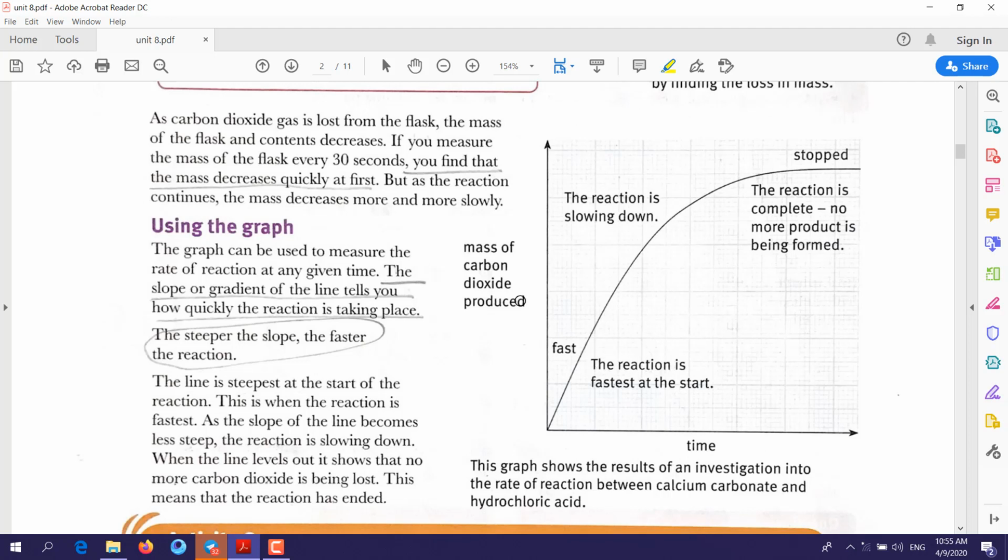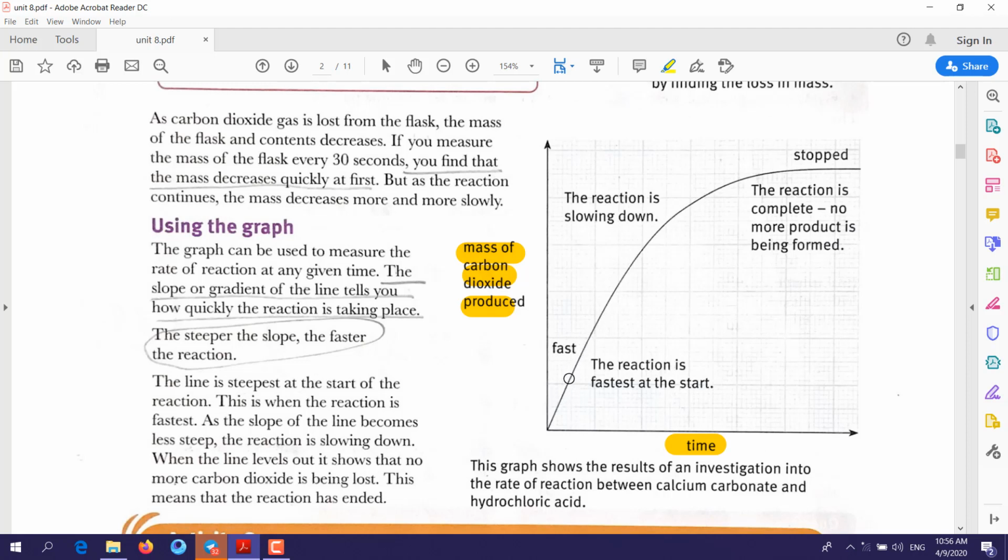Here, this graph shows the mass of carbon dioxide produced during a specific period of time. Once the chemical reaction starts, we will see lots of bubbles, lots of carbon dioxide produced.